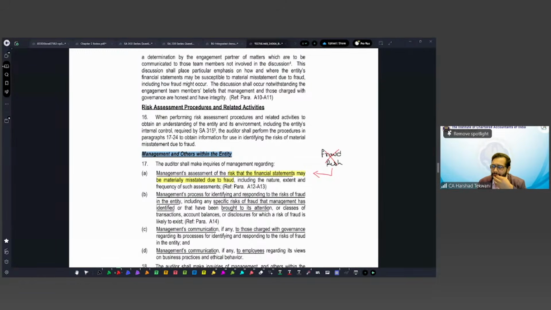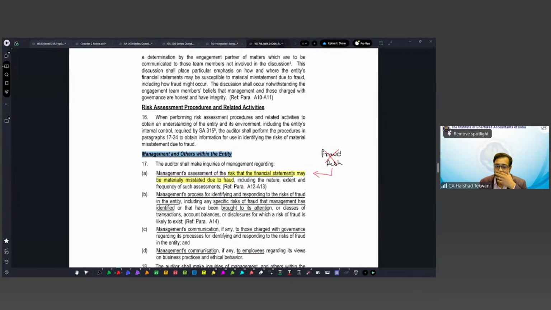Fine. What else? You will obtain appropriate audit evidence, that is part of the testing and everything. But let's say for the planning part, I'm talking about planning. What will you do more in the planning? Just now you said that particular answer a few moments before.